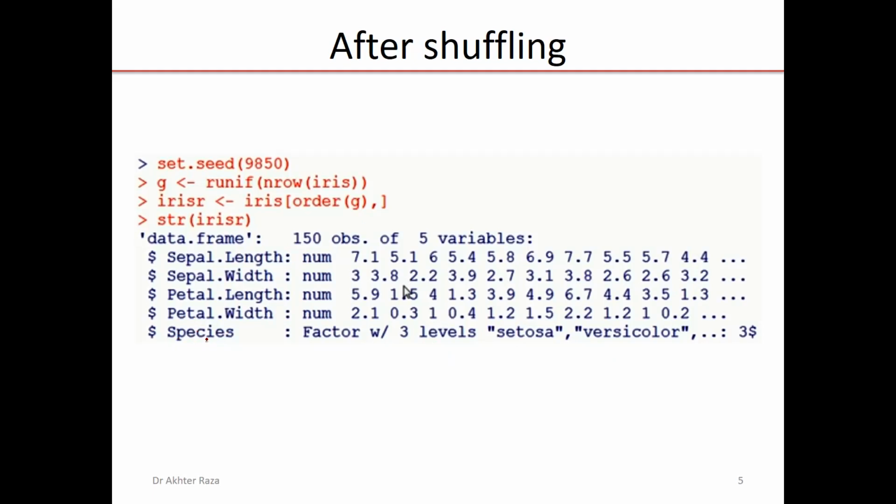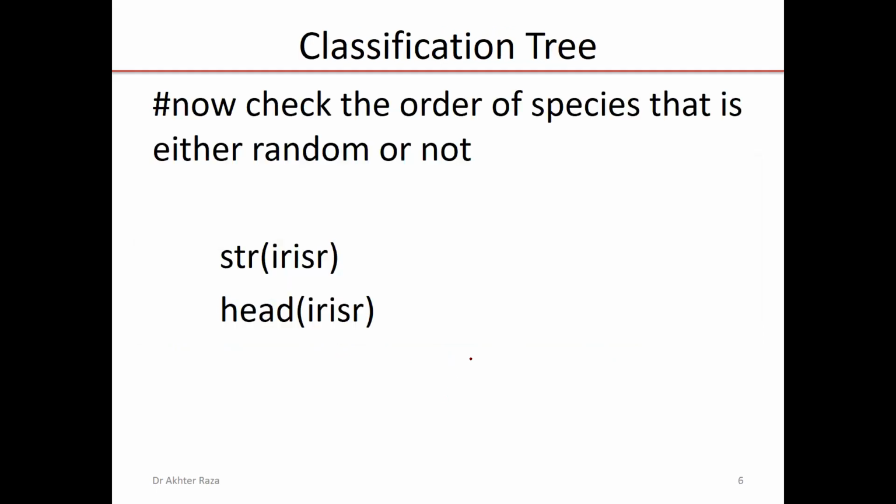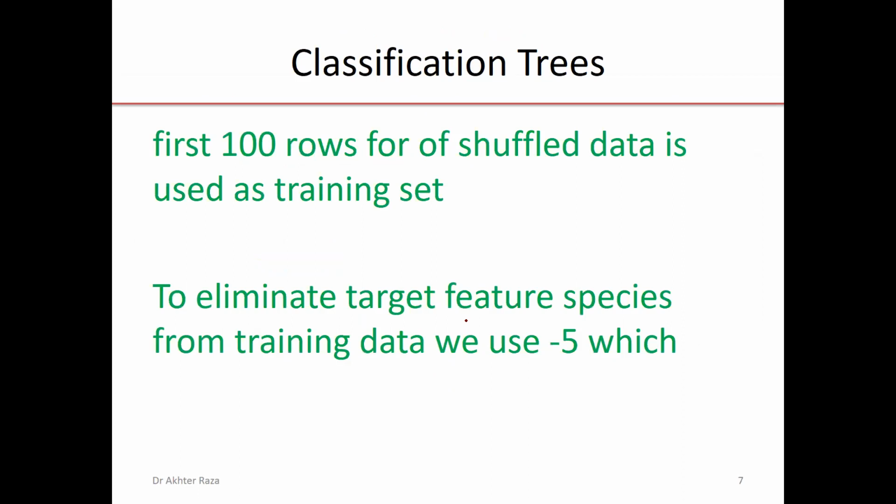Now this is the shuffled data, and the name of the data is iris R. You can see the structure of iris R and the first 6 rows of iris R.